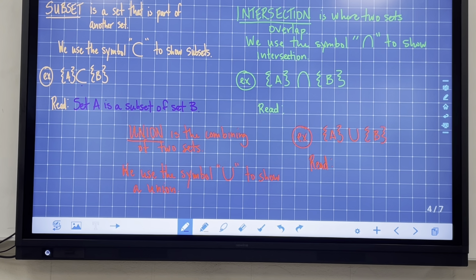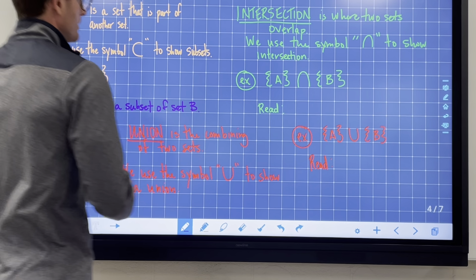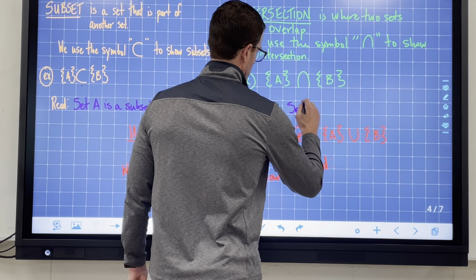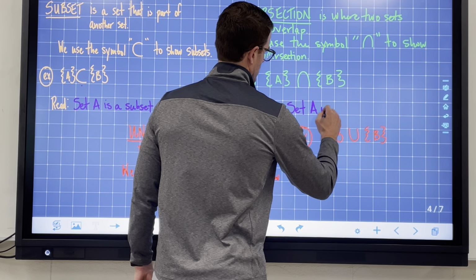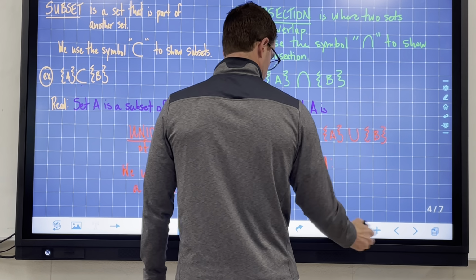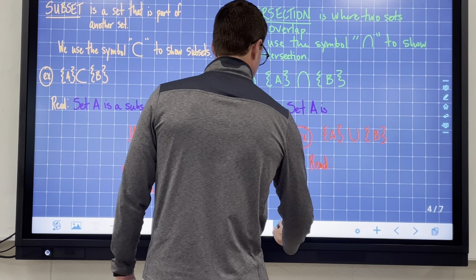But it's like an upside down U, which looks like a lowercase n. Okay, so in the example, how would I read that? So this is set A. I guess I would say, let me back up.